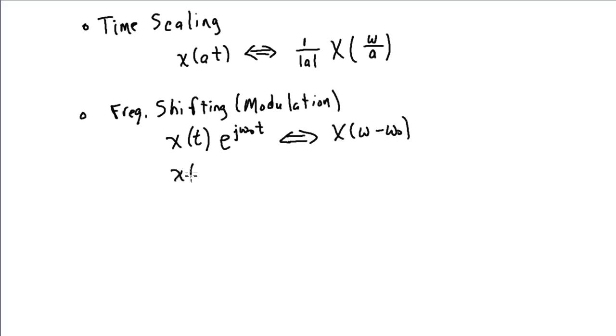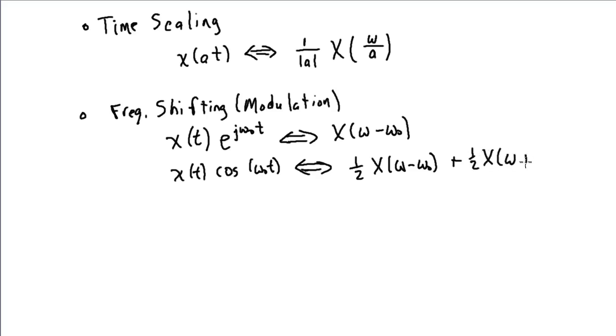Using Euler's formula, we can go on to show that this is typically what's done in communication systems, that if we multiply our signal by cosine omega 0 t, that results in a shift of the spectrum to the right up to omega 0 plus a shift in the spectrum to the left to minus omega 0.